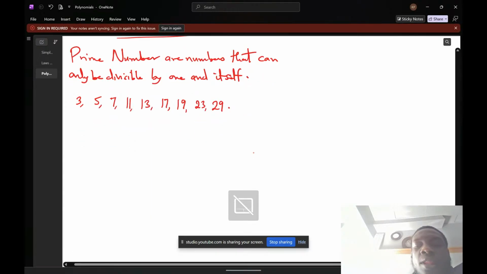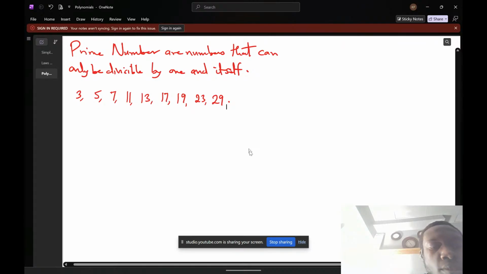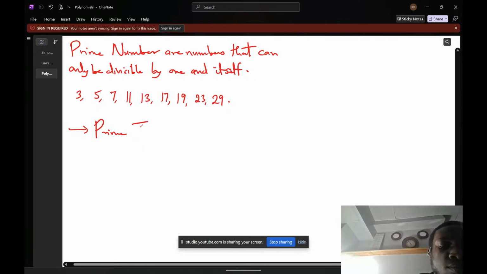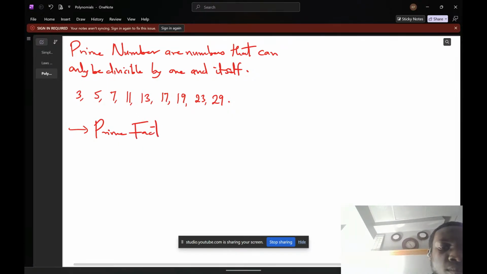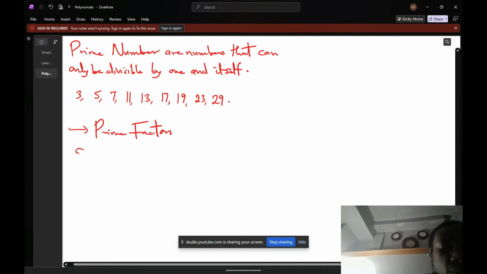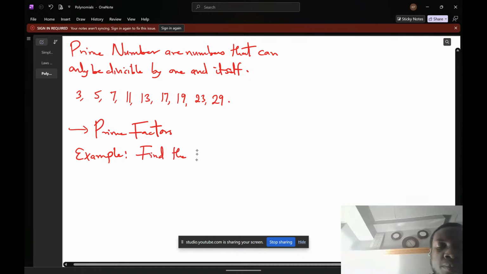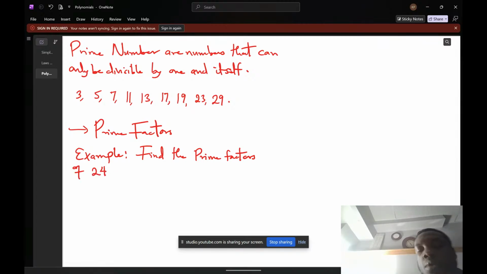So now let's do prime factors. The first example is find the prime factors of 24. In this case, we are going to look for the multiples of 24.